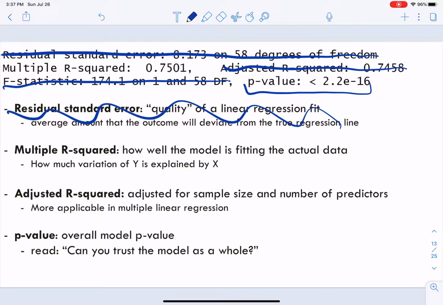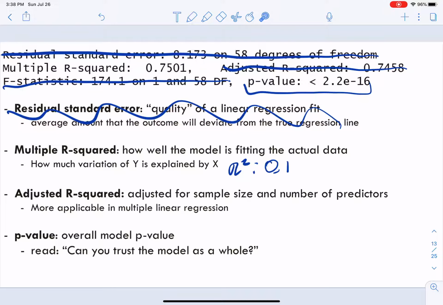So how much of the variance is being explained, how much of the story is being told? How good is X doing at explaining what's happening in y? Out of the whole story, 75% of the story is being told by our single predictor, which is pretty good, I think. Three-quarters of the information being covered by one thing, that's not bad.